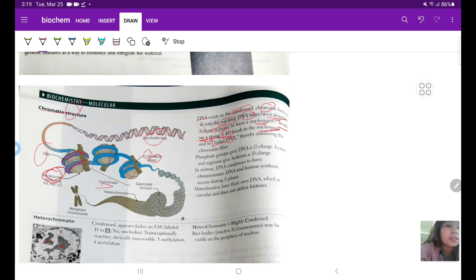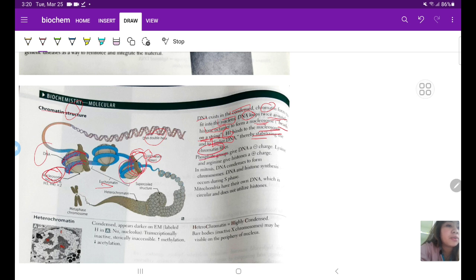H1 binds in it. So because of this process that happened here, it stabilizes the chromatin fiber.